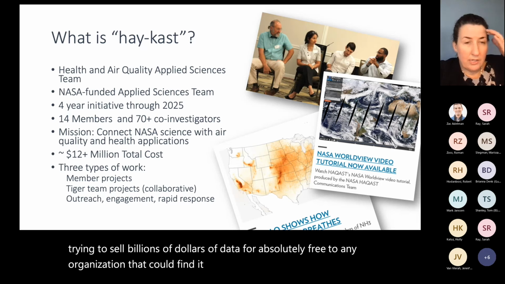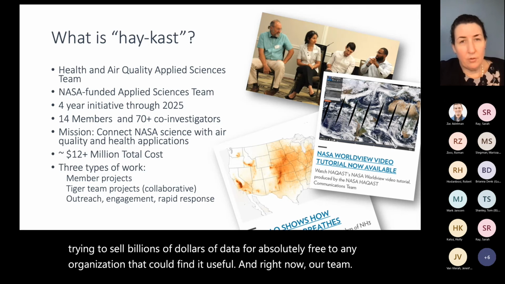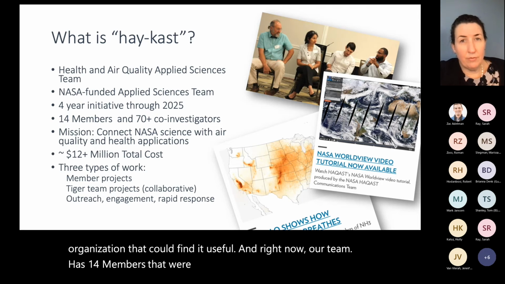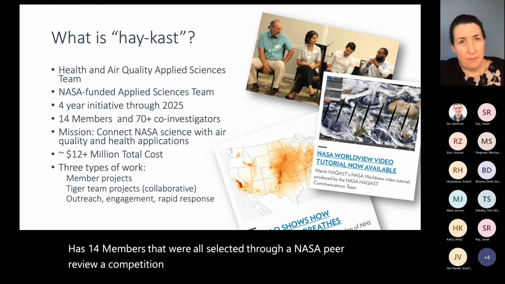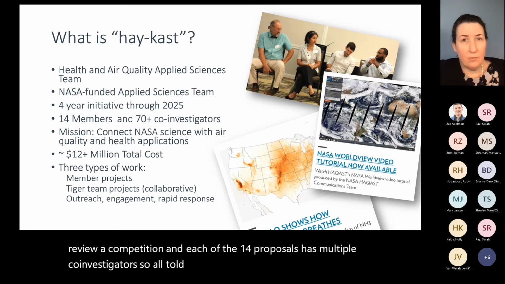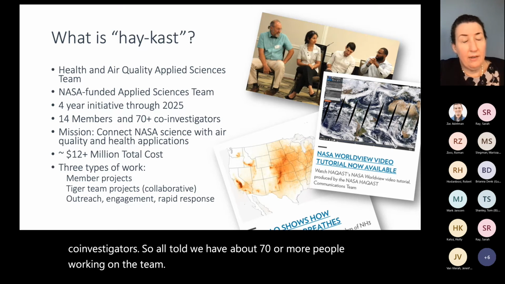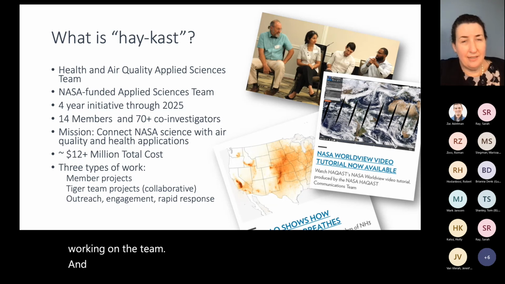And right now, our team has 14 members that were all selected through a NASA peer review competition. And each of the 14 proposals has multiple co-investigators. So all told, we have about 70 or more people working on the team.